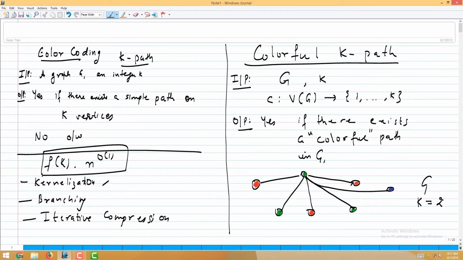So this was my input graph, and in this input graph I'm interested in finding a path on 3 vertices such that all its vertices are colored differently.